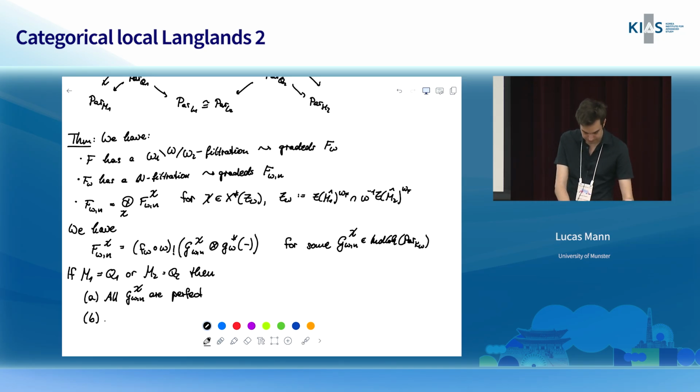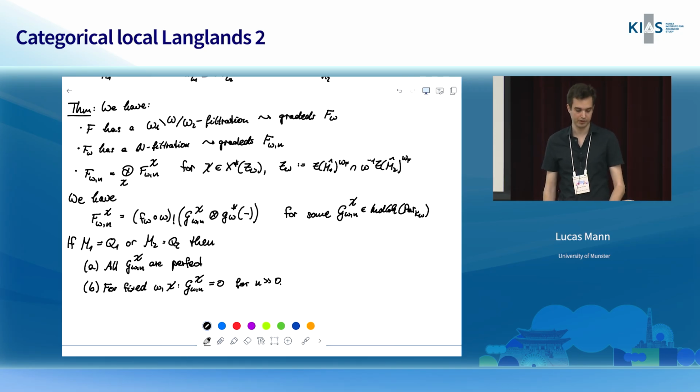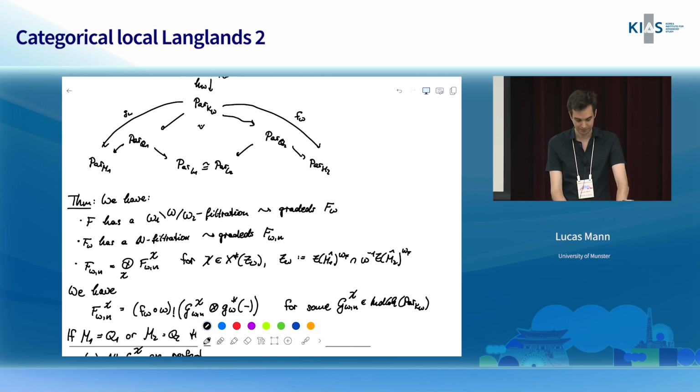And also, very importantly, if I fix W and χ, then these G_{W,N,χ} are 0 for large enough n. Okay, so we have some good bounds on these. So they're all perfect, and most of them vanish.